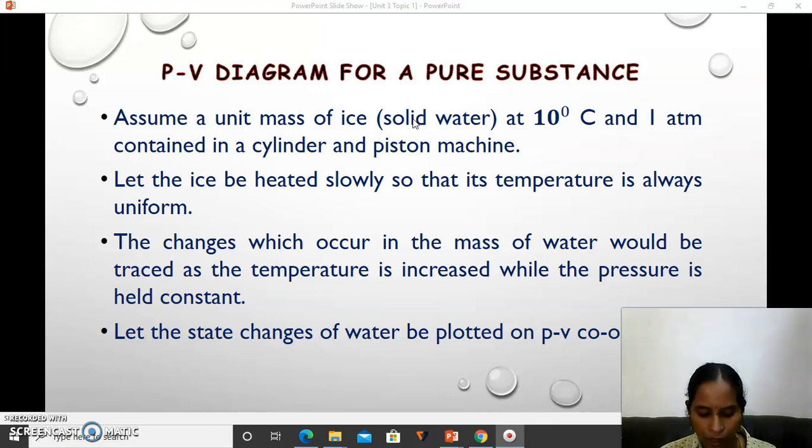Water and water vapor together are not physically homogeneous, because the liquid density is usually much greater than the vapor density, but their chemical composition is uniform.